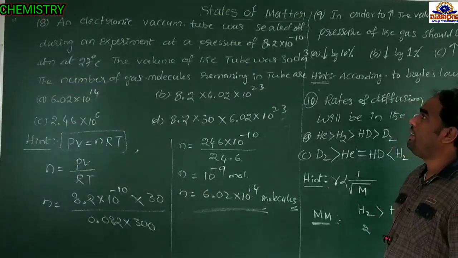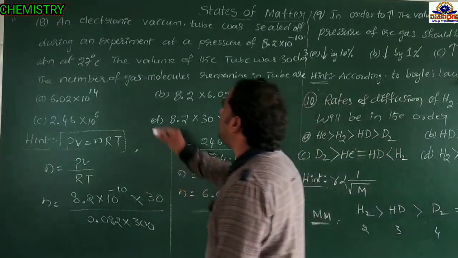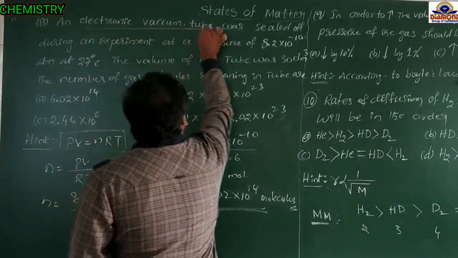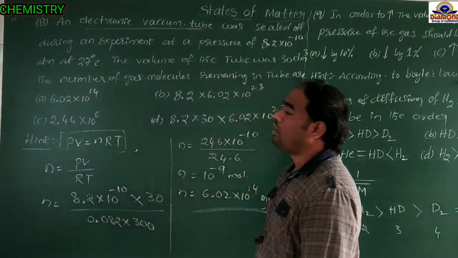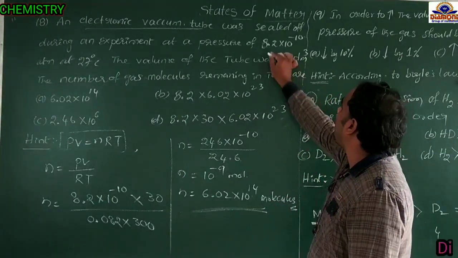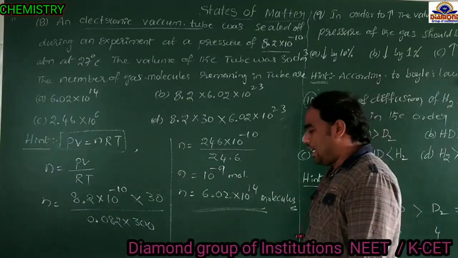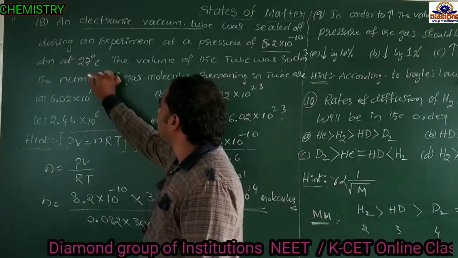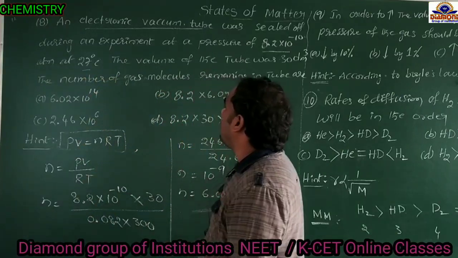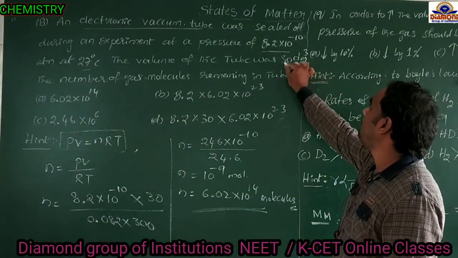Next, question number 8. An electronic vacuum tube was sealed up during an experiment at a pressure of 8.2 into 10 to the power of minus 10 atmospheres and at a temperature of 27 degrees Celsius. The volume of the tube was 30 dm cube.